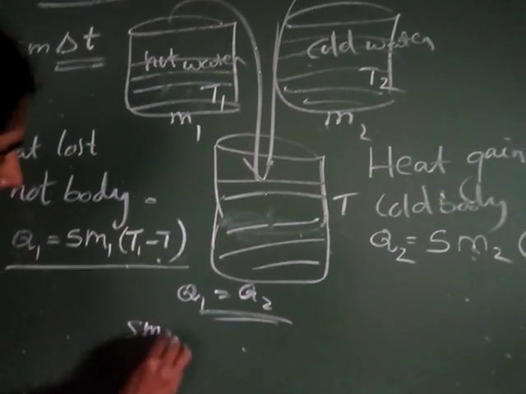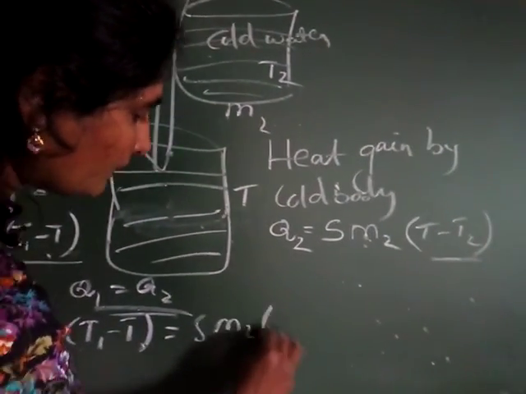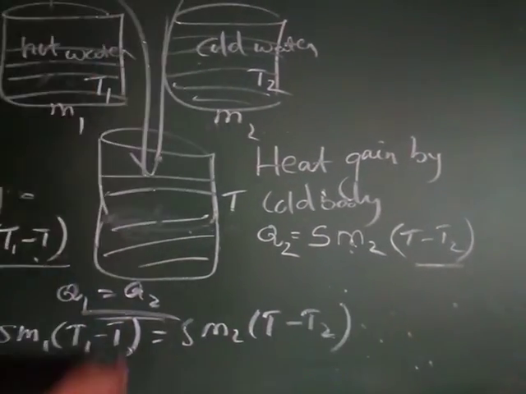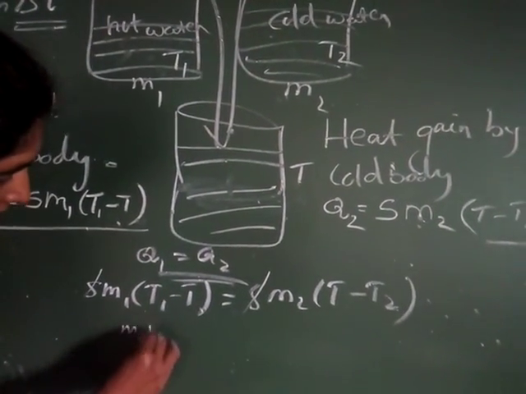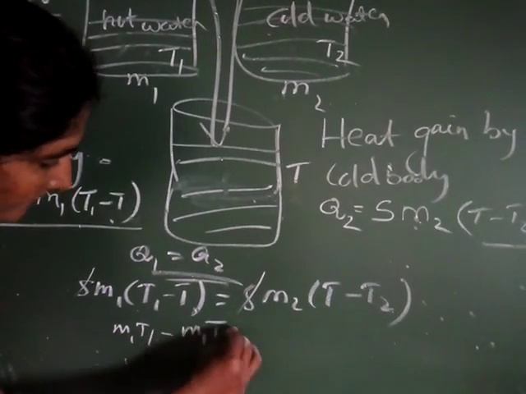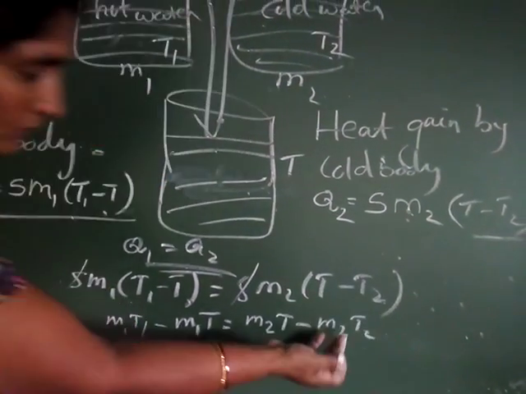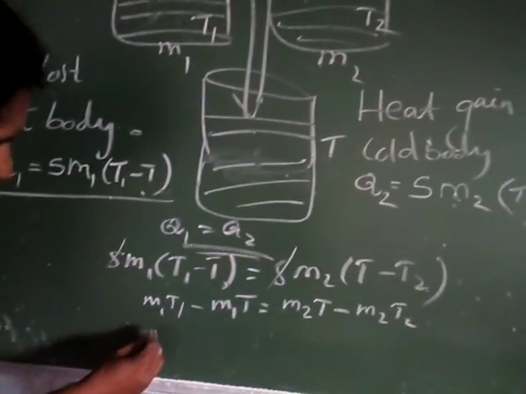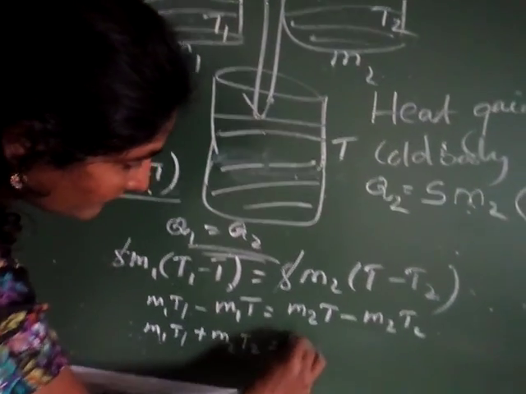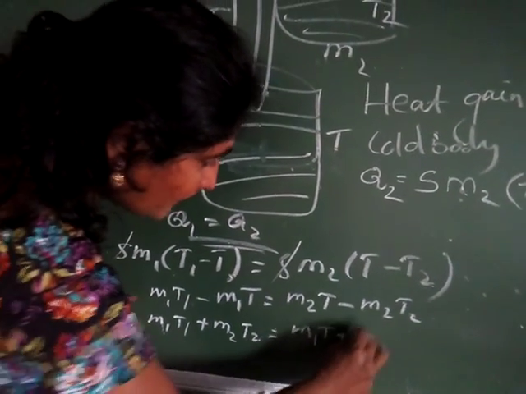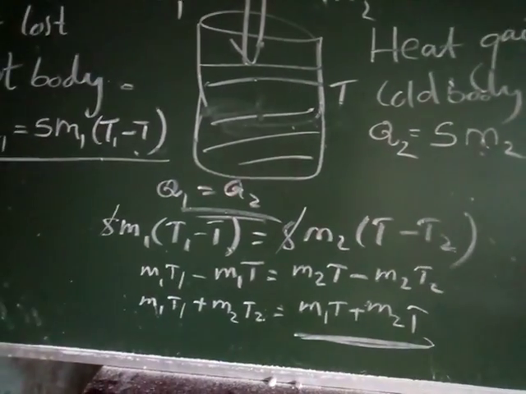That means S M1 (T1 minus T) is equal to S M2 (T minus T2). Here S cancels, and M1 T1 minus M1 T is equal to M2 T minus M2 T2. Then keeping this side, M1 T1 plus M2 T2 is equal to M1 T plus M2 T. Here T is common.